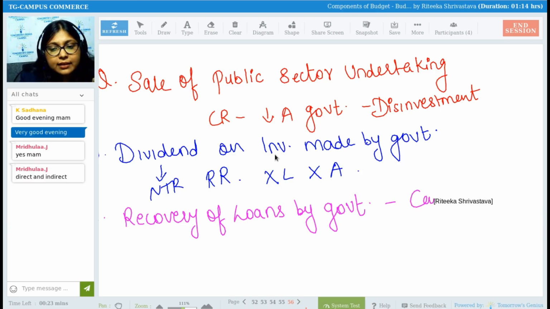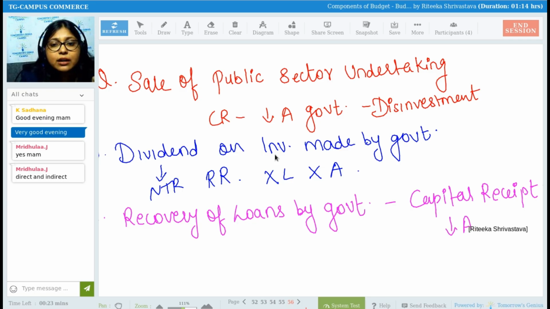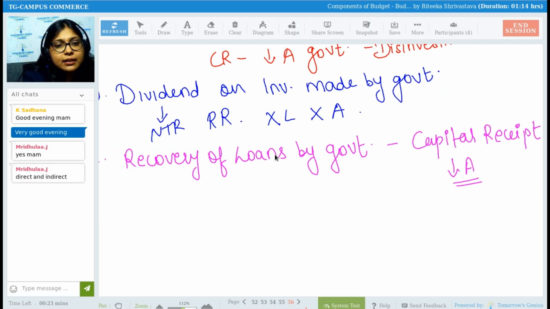Just now we said that it's a capital receipt, because recovery of loan is going to reduce the assets of the government. Any receipt which reduces the assets of the government is called a capital receipt. So recovery of loan is going to be a capital receipt. Read the things properly.